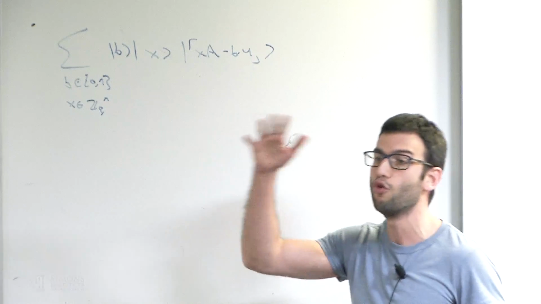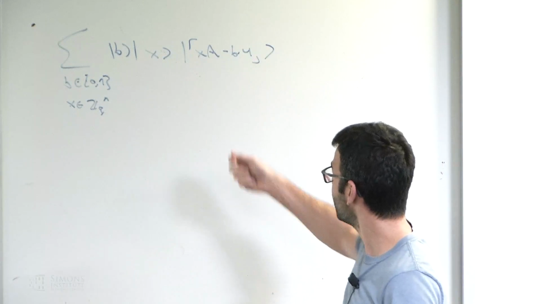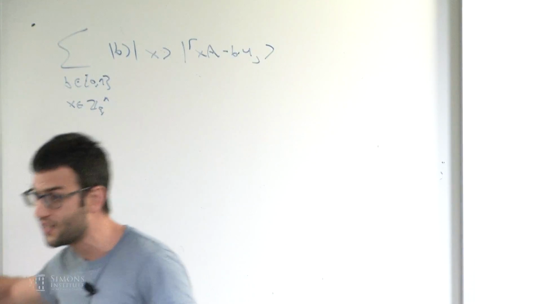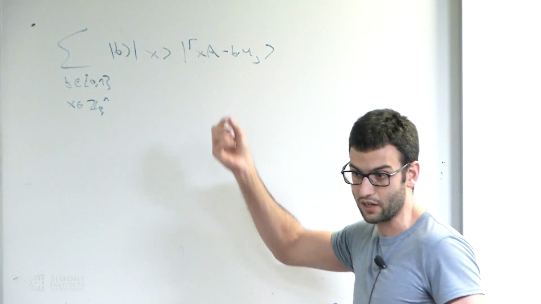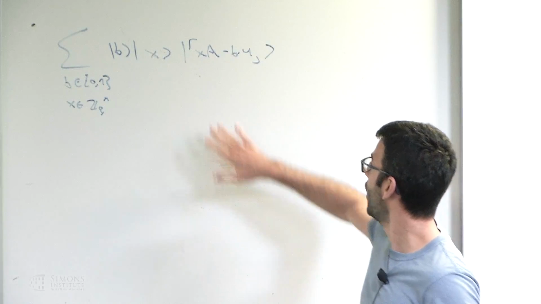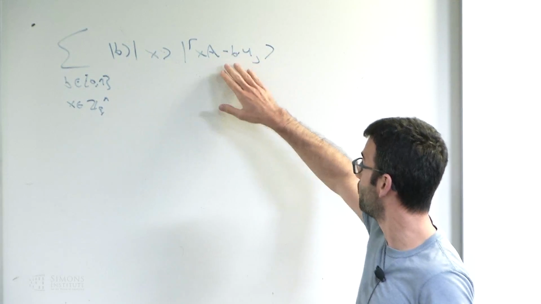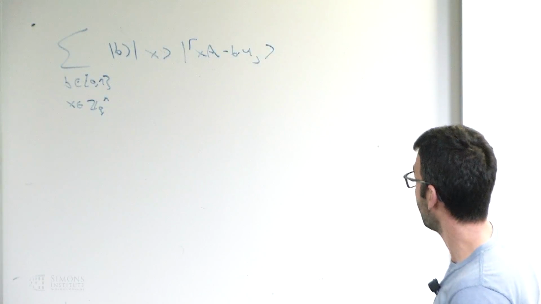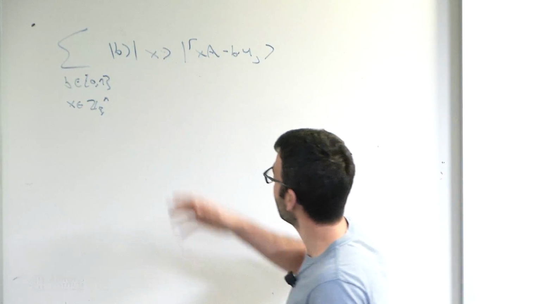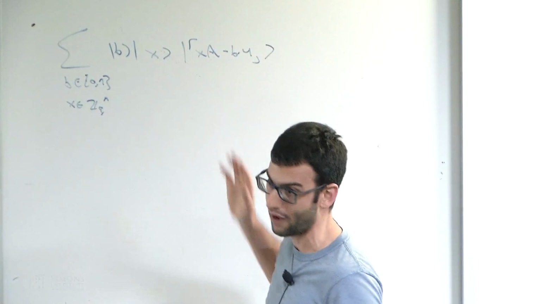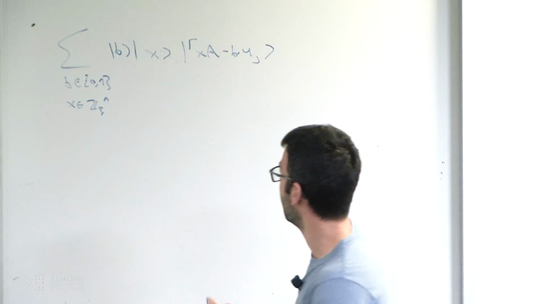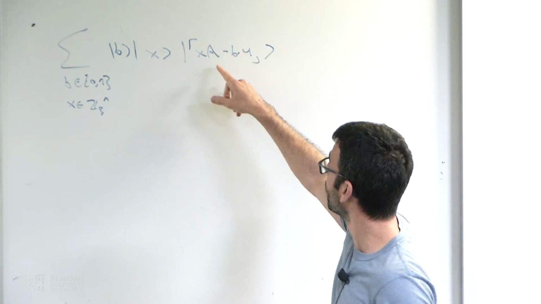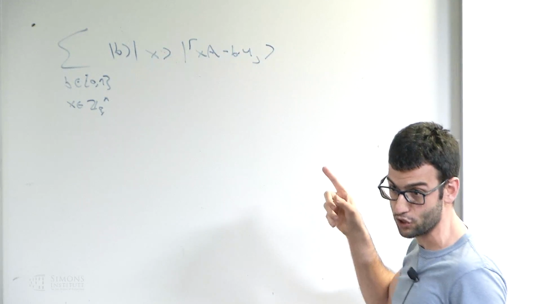Even if I remove some of the least significant bits, this still uniquely determines X. And if I add a little bit of noise, I'm still going to be able to get the same X. So if I compute this value and then measure this register, only two different values of X are going to survive. One corresponds to X times A, and one corresponds to X times A minus U.